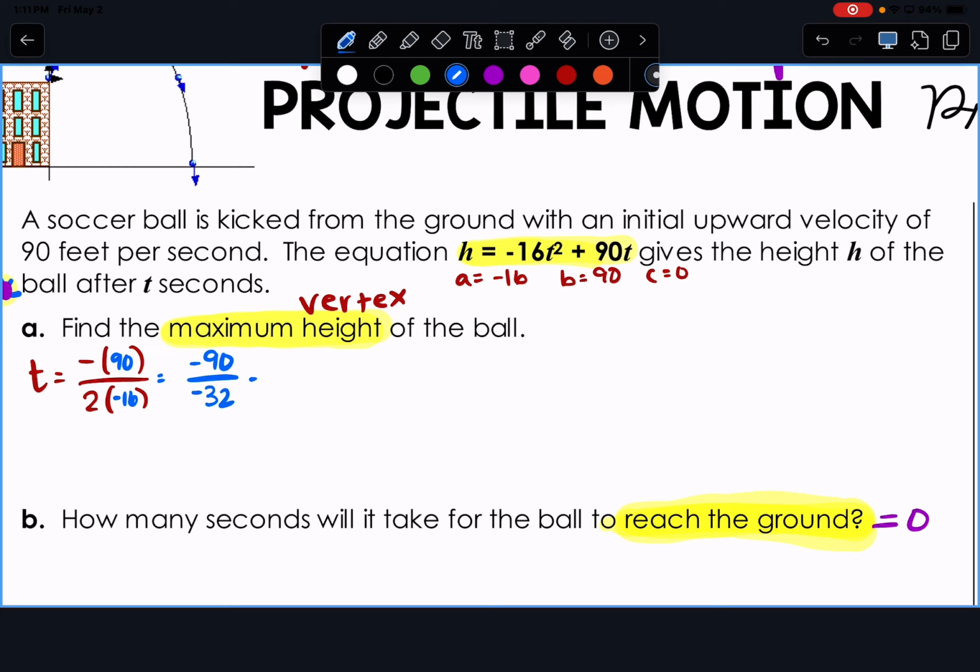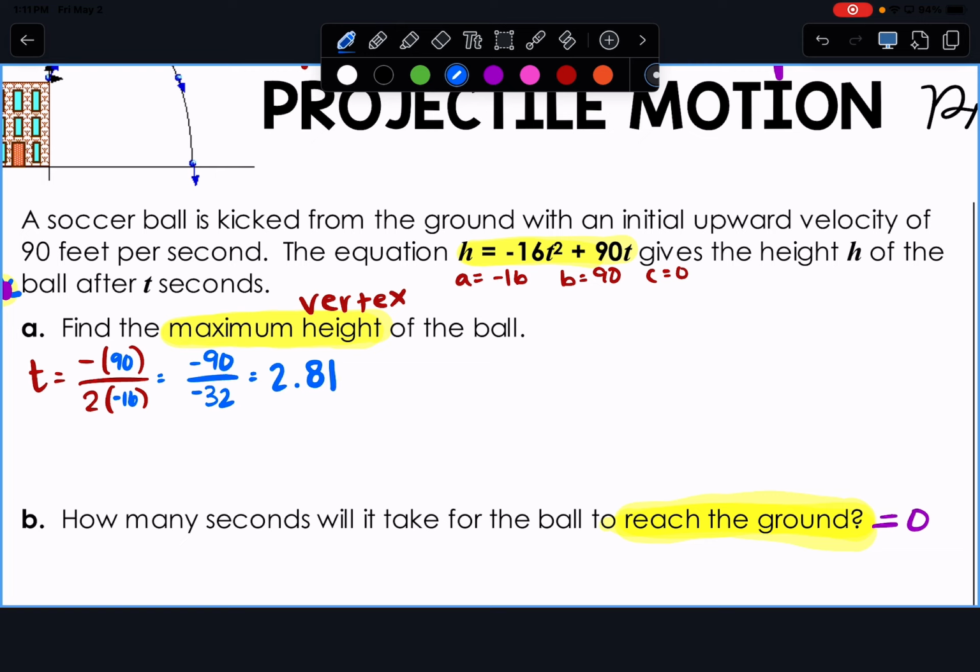And what is that? Positive 2.81, because the 2 doesn't round the 1. So it's just 2.81.